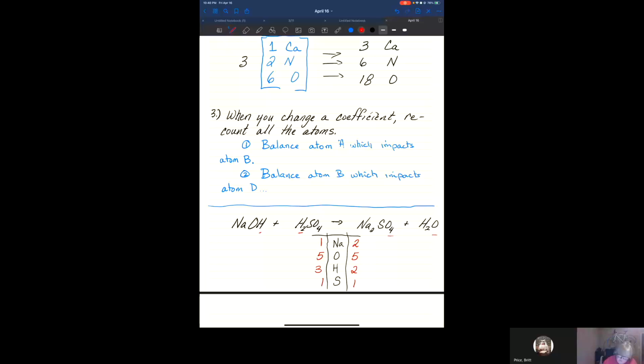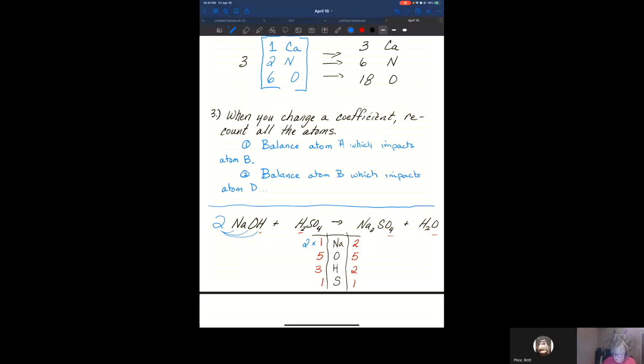Let's try that sodium. So I'm going to multiply by 2. That means I'm going to put a 2 out in front of the sodium hydroxide. Well, this 2, as you saw above, goes for the sodium, goes for the oxygen, and goes for the hydrogen.